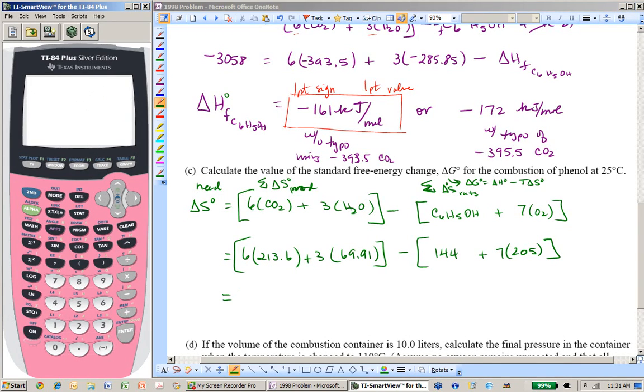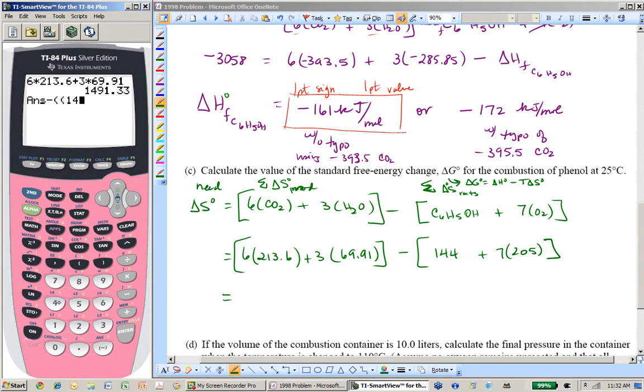we get a clear screen for this one, 6 times 213.6 plus 3 times 69.91. I'm going to get that piece. Minus, I'm going to open a couple of parens. I probably only need one, but it's too late now.